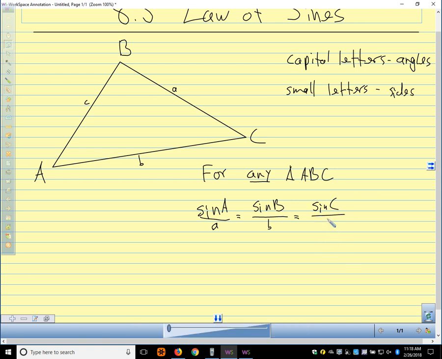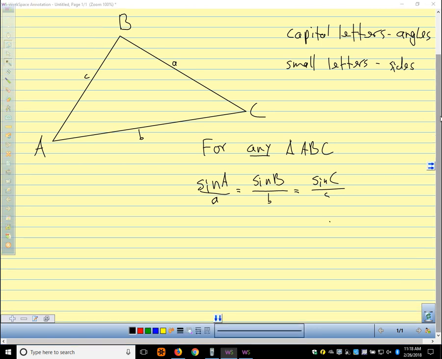And let me make that c small. We can also do the reciprocals of these. We can say a over sine A equals b over sine B equals c over sine C.